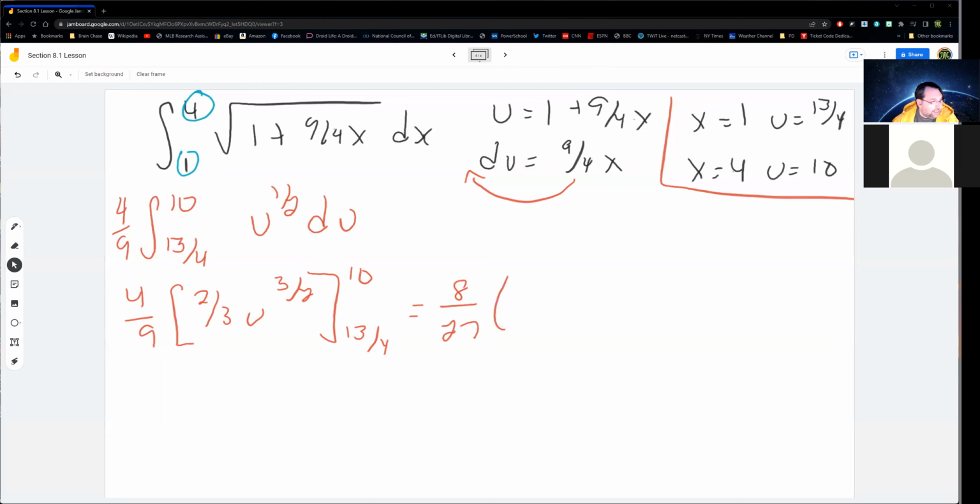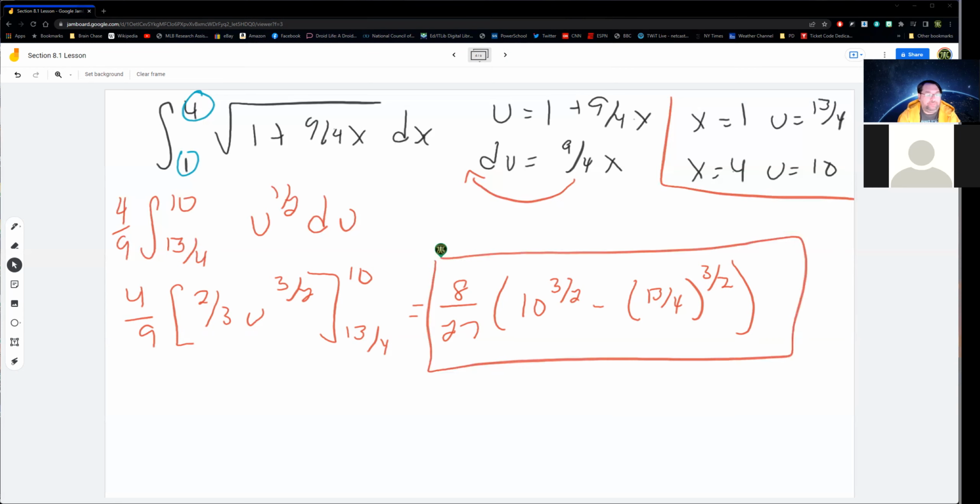And if I plug in 10, I've got the 10 to the 3/2 minus 13/4 to the 3/2. And I would actually leave it like that. The book simplifies it down a little bit more, but you can leave it just like that.